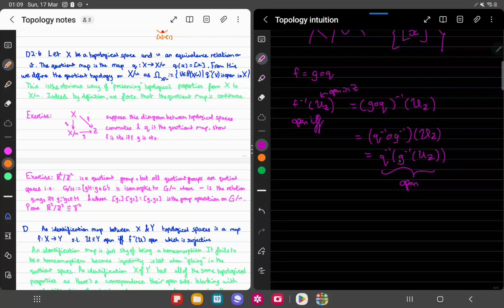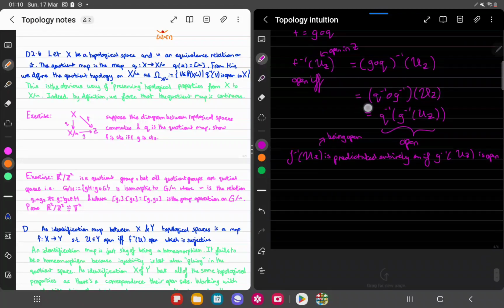And if that is open, then by definition of the quotient topology, this object is open, i.e. F inverse of U sub Z is predicated entirely on G inverse of U sub Z being open. So it kind of just spits out.